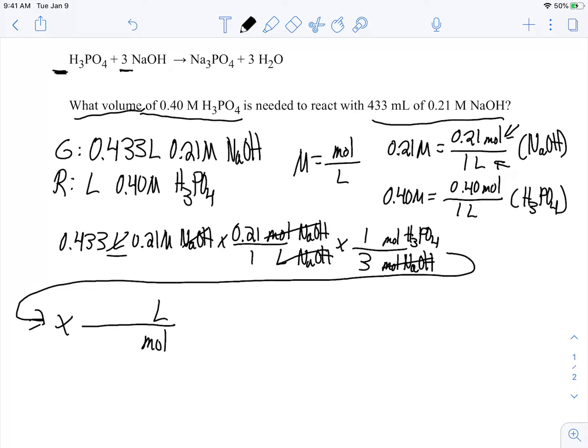So liters over moles, and just a refresher, we're in H3PO4. Taking a look back, we actually broke up the molarity of H3PO4. In this case, I had 0.40 moles over 1 liter.